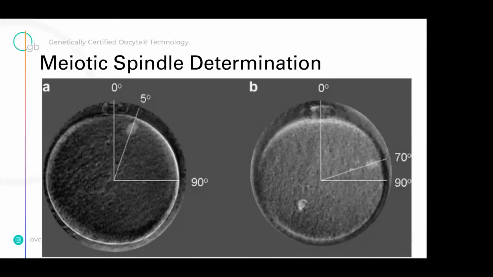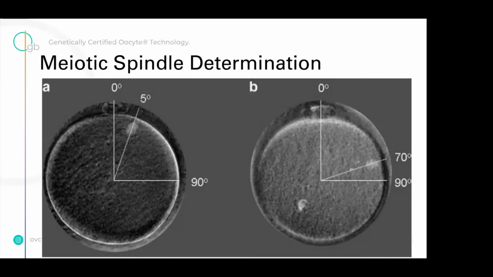Also, if we test the oocyte by polar body biopsy NGS testing, mostly you will not see the polar body when you top the oocyte, and it will be crucial to know where the meiotic spindle is and how you will find where you should make ICSI.